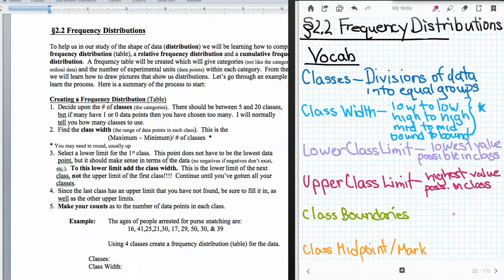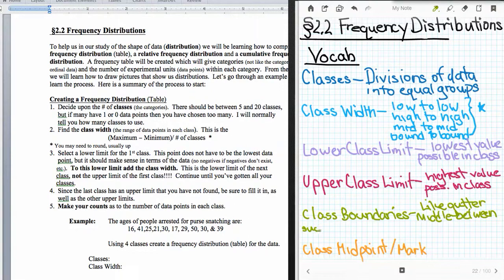Now our class boundaries, the class boundaries are like gutters. So I'm going to describe this as being like a gutter. And this is the middle point between a lower limit and an upper limit. So an upper limit and the next successive lower limit. That's the middle between these. This is going to take a little bit more description, so I'll put it over here.